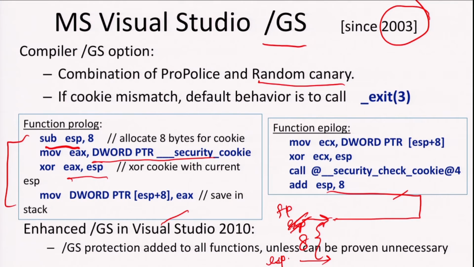Then Visual Studio 2010 has an enhanced technique, which makes it mandatory to use /GS for all functions unless proven unnecessary.